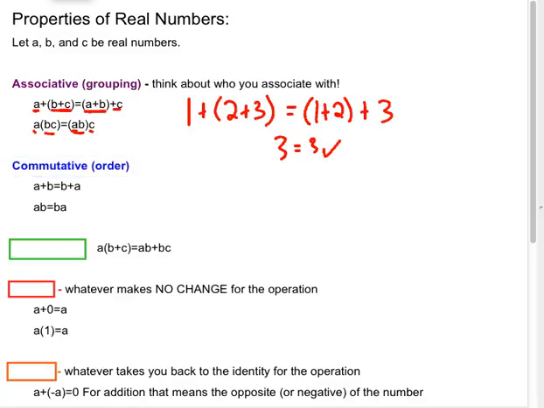commutative deals with order. So same thing for multiplication and addition. If you do A plus B, that's exactly the same as B plus A. Or if you do A times B, that's the same as B times A. Example here, if I have -3 times 4, commutative, the order, says that that should be the same as 4 times -3.